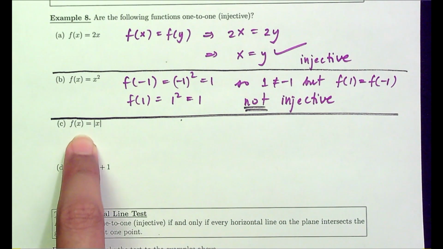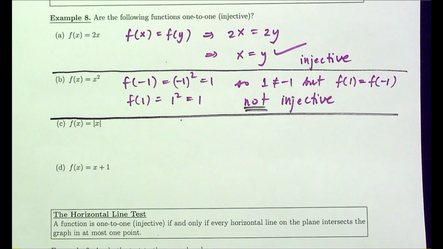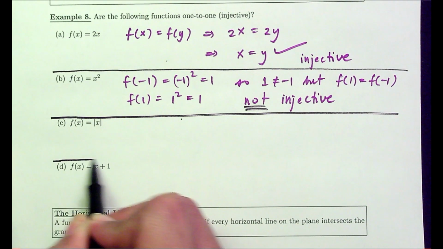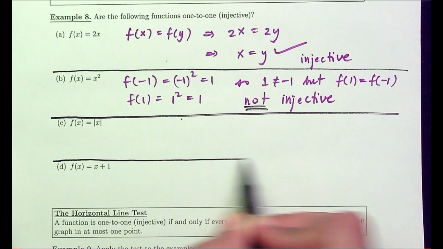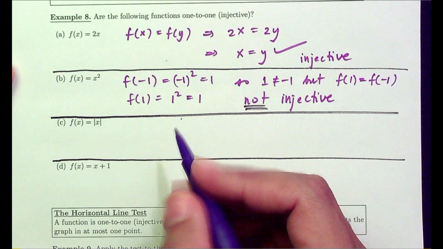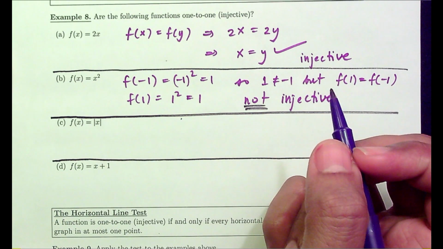Okay, how about this one? Try to think about that one. Is that injective or not? Okay, this is also not injective for exactly the same reason, and I can even use the same numbers.